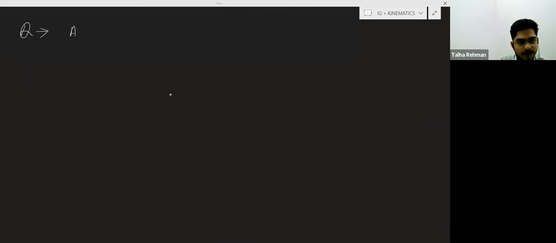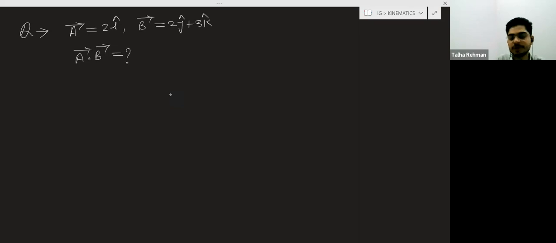Suppose a vector is 2 i cap and b vector is 2 j cap plus 3 k cap, and you have to find this value. Solve it by yourself.